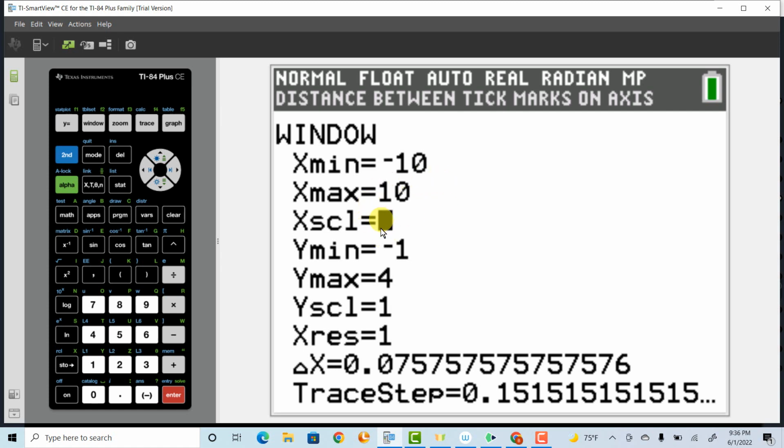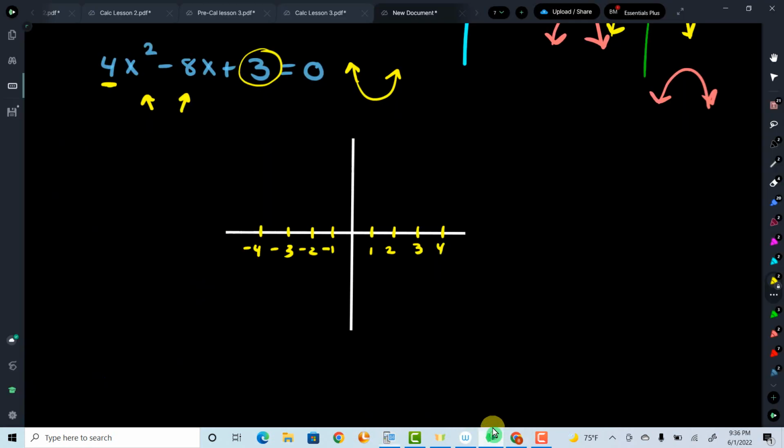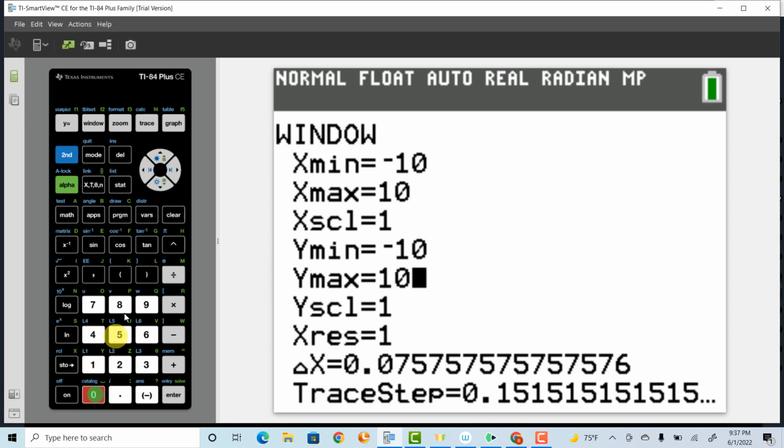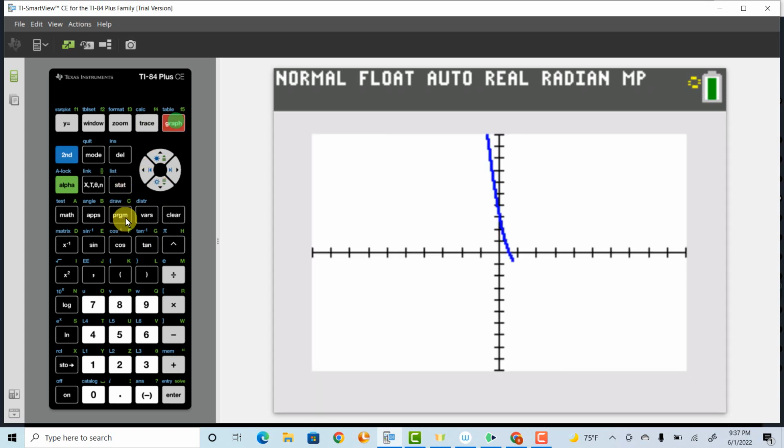The x scalar refers to how much each mark stands for, and in our example each one counts as 1. Now we're going to make our y-axis exactly the same: from negative 10 to positive 10, and each mark represents 1. Up here in the right-hand corner, I'm going to press graph, and there we have our graph.